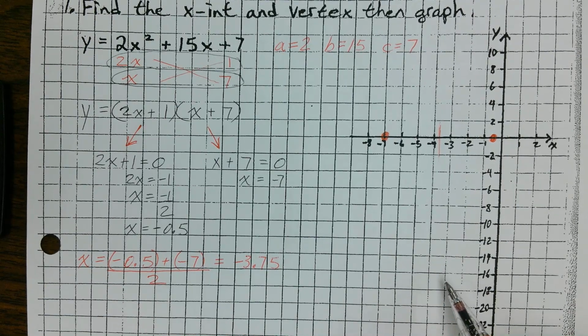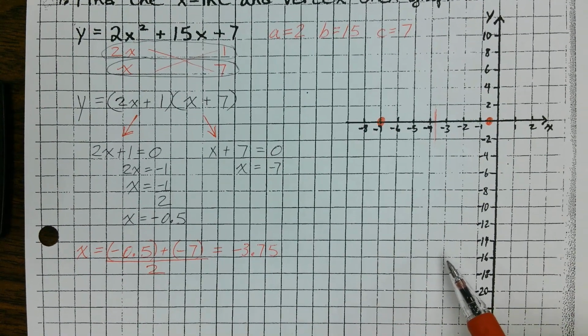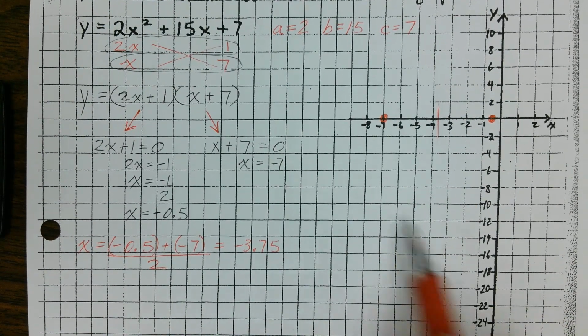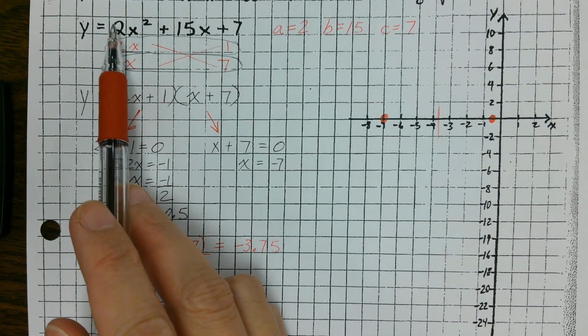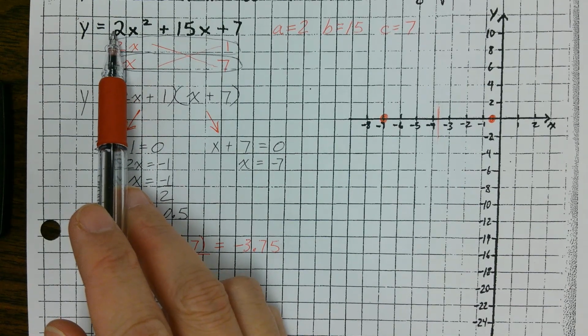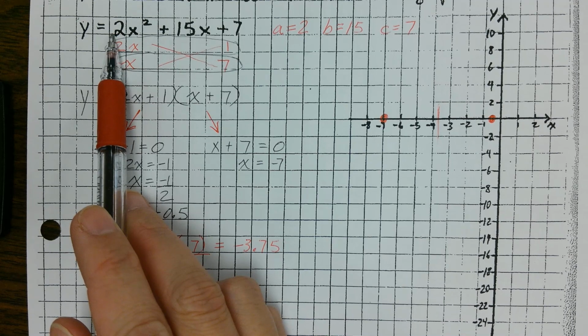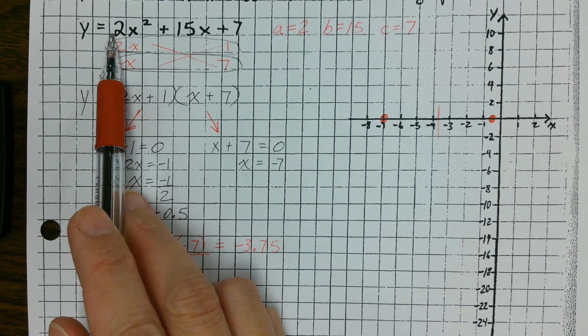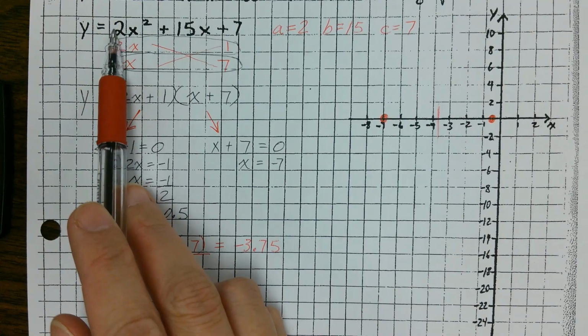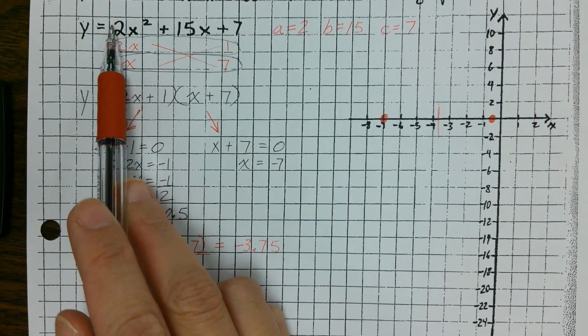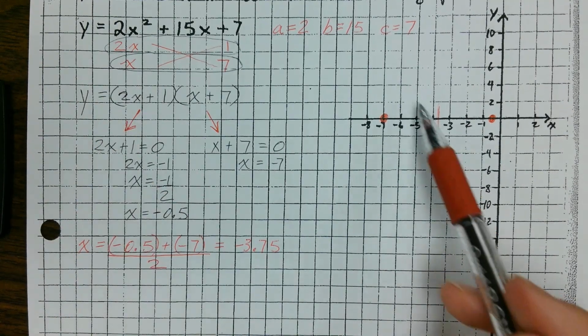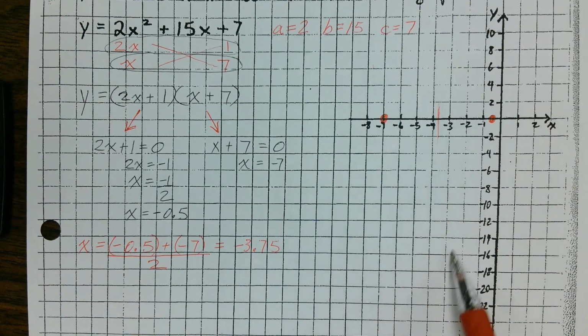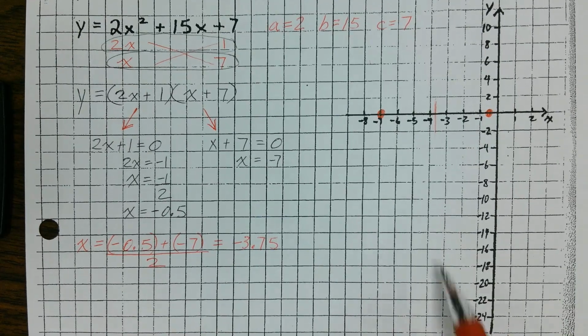It's due to the fact that the original equation doesn't have any negatives, so it goes up. Okay, good job. So notice my parabola opens up because it's a 2. It opens up, so it has to be like this. Okay, so that means my vertex has to be down here somewhere.